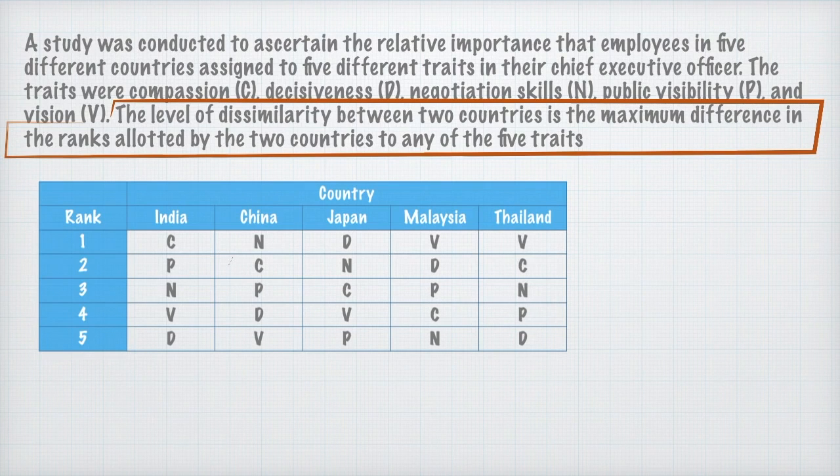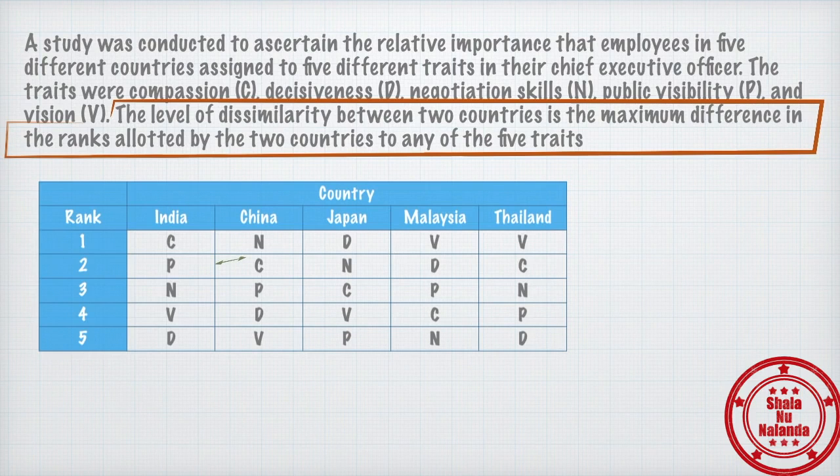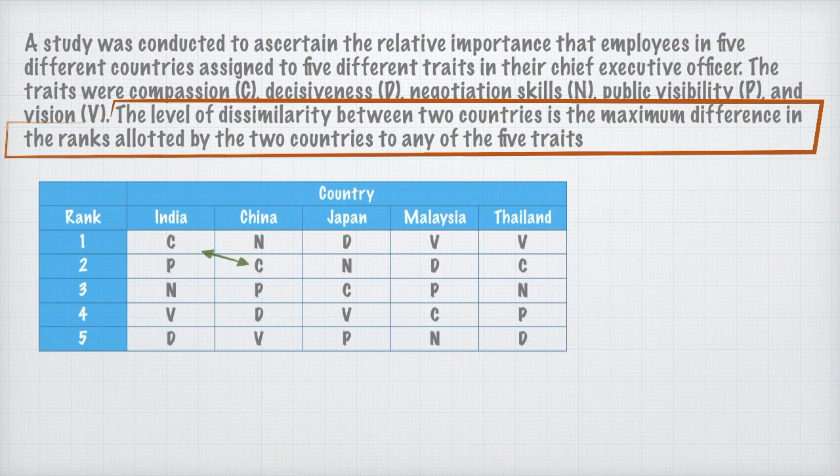Rank for C, P, N, V, D. If I look at what are C, P, N, V, D, these are various traits, right? And India has ranked them. Similarly, China has ranked them. So the difference between the ranks allotted by the 2 countries to any of the 5 traits, right? So the maximum difference between ranks, right?